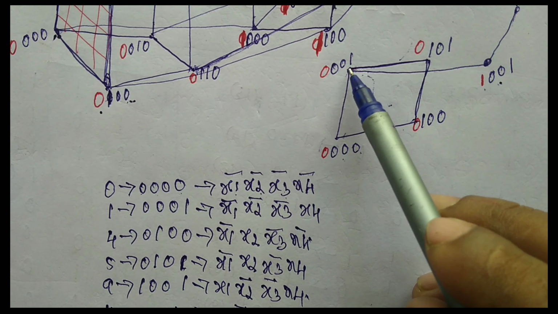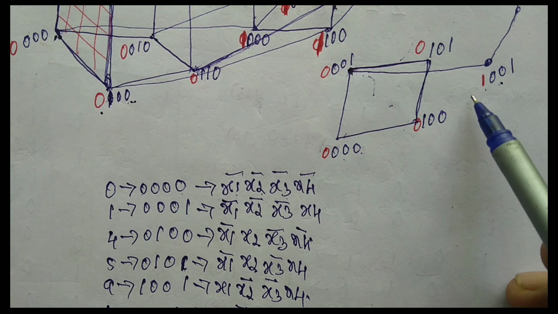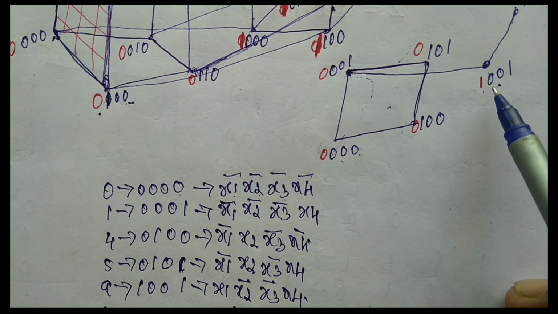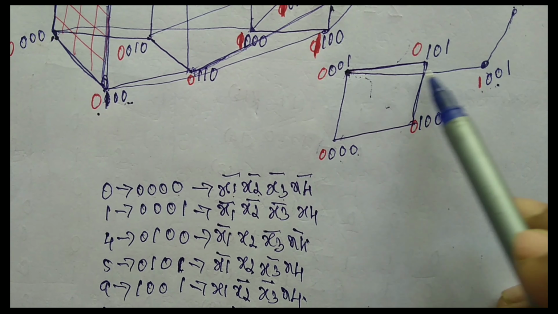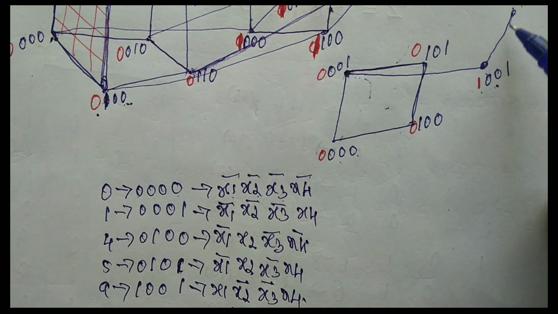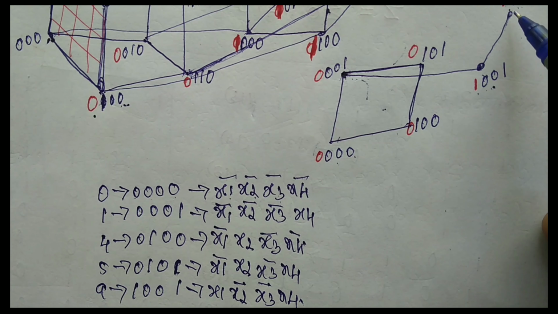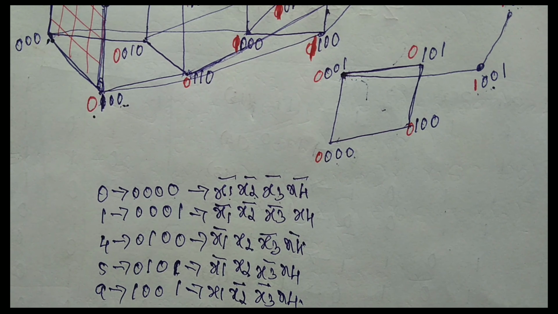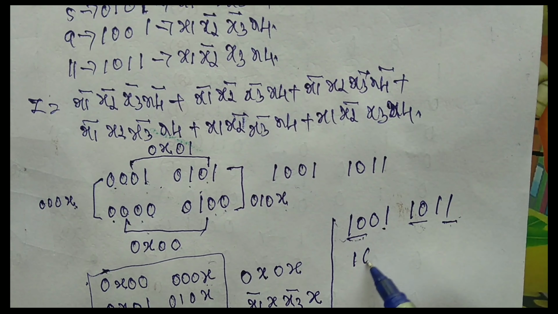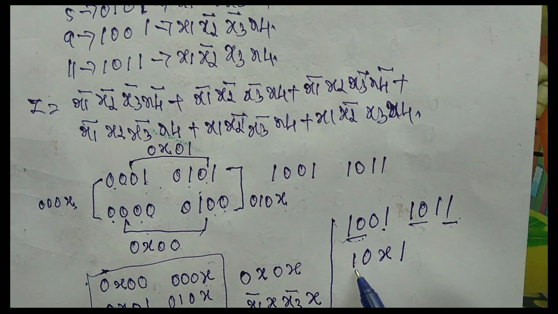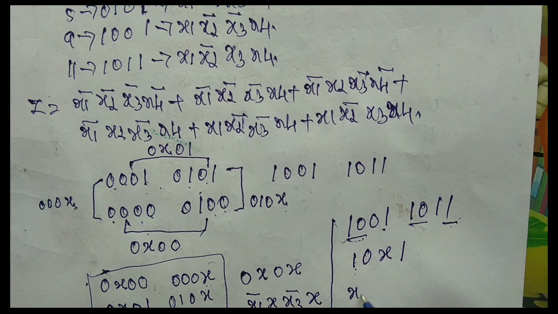But 0 0 0 1, it is common to this line, that is 0 0 0 1 to 1 0 0 1. This is common to two sections, this section and this section. So we can omit this one, so we take this only. So for this one, this can be written as 1 0 x 1. But this is 1. So, and the first one, that is x1, this is 0, that is x2 bar x3.